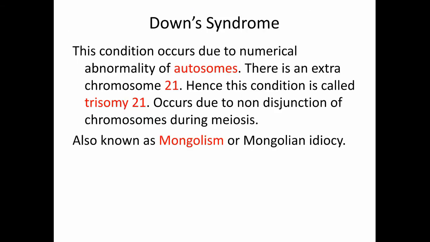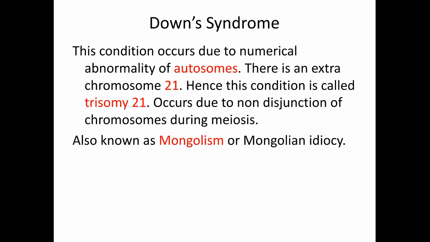Now Down syndrome. For Down syndrome, it is not a sex chromosomal abnormality, it is due to numerical abnormality of the autosomes. So what you need to remember is, it is trisomy 21 of the autosomes. Okay, the 21st chromosome is involved over here. It is a trisomic condition and it is due to the autosomes.